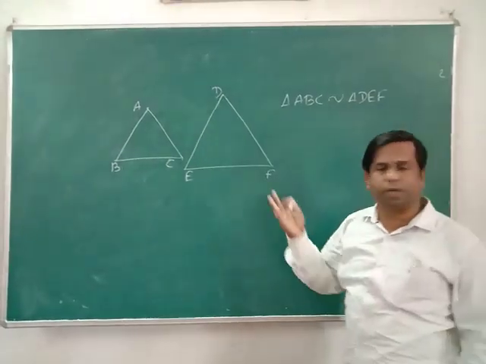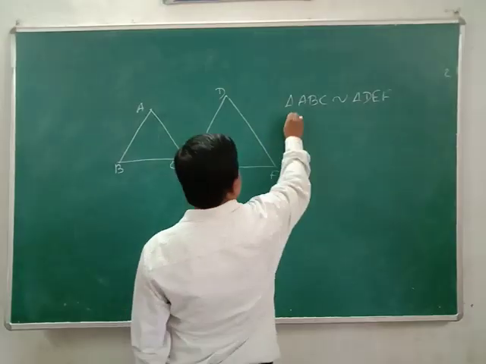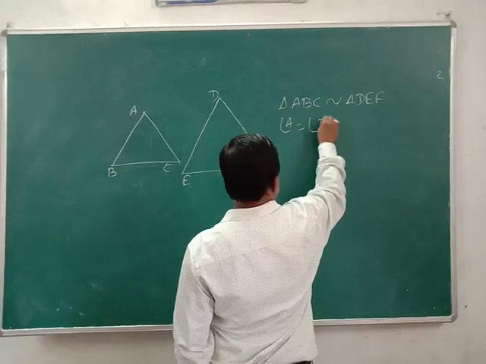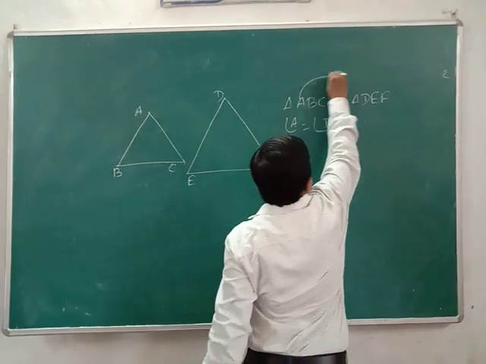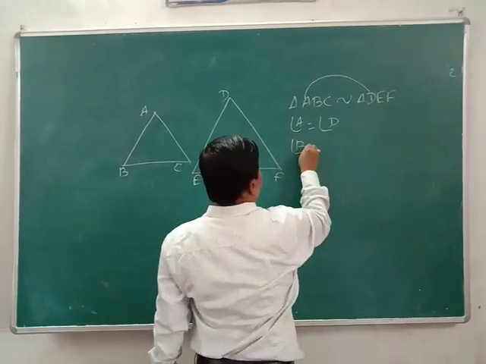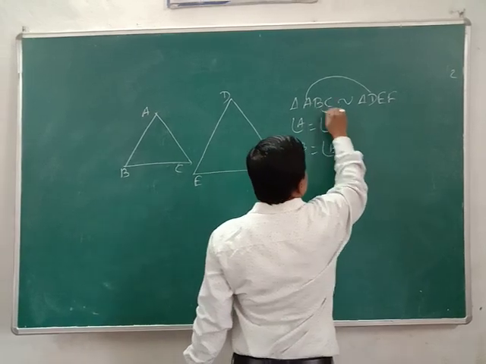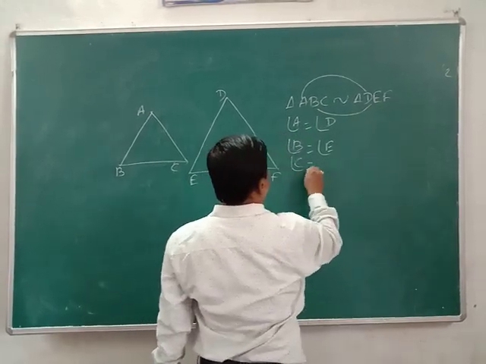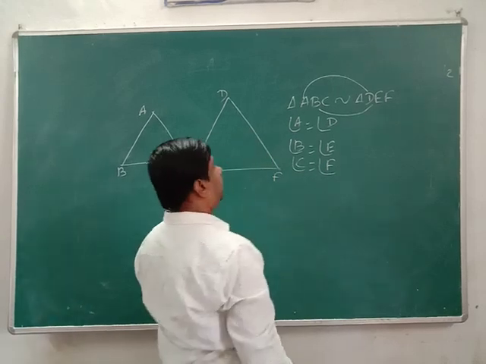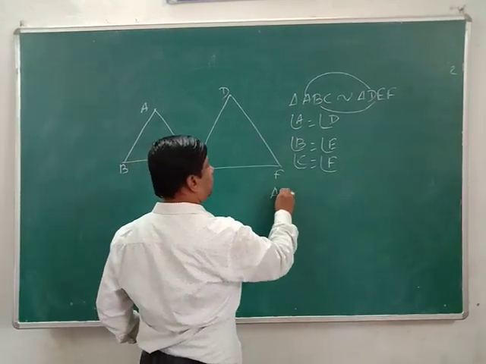So what can you say about their corresponding parts? Very good. Angle A is equal to angle D. Corresponding part you see. Angle B is equal to angle E. Very good. And angle C is equal to angle F. And also the sides are in the same ratio.